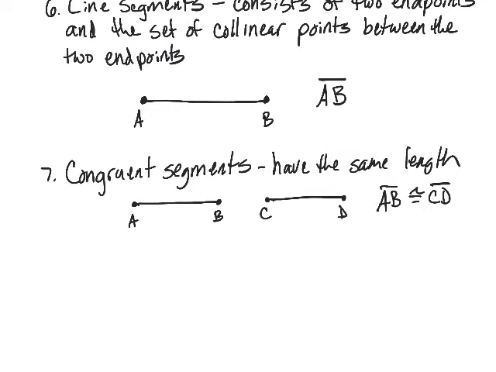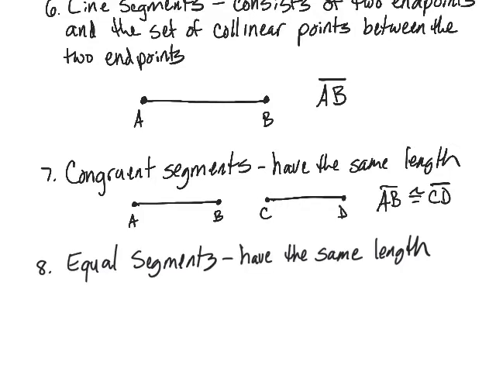Okay, so anyway, number 8, we're going to compare that to equal segments. Equal segments have the same length. What I'm trying to get at is that we use the equal sign when we're talking about measurement. We use the congruent sign when we are describing and using labels. So for the same two segments, I could say the length of AB is equal to the length of CD.